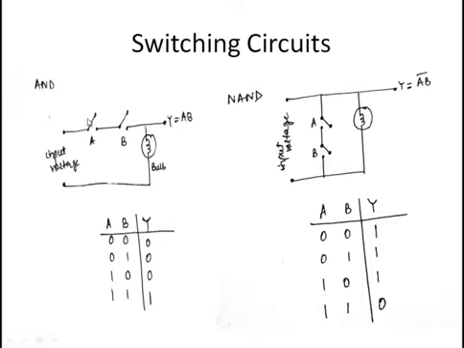Again, this is 0 1, that means this will be open and this will be closed. No input voltage will reach the output, so it will be 0. Again, when this is 1 and this is 0, it will again be 0. But if both are closed, that is 1 1, then the input can easily reach the output and the output will be 1. So this is the truth table which resembles the AND gate. So this is the switching circuit for the AND gate.